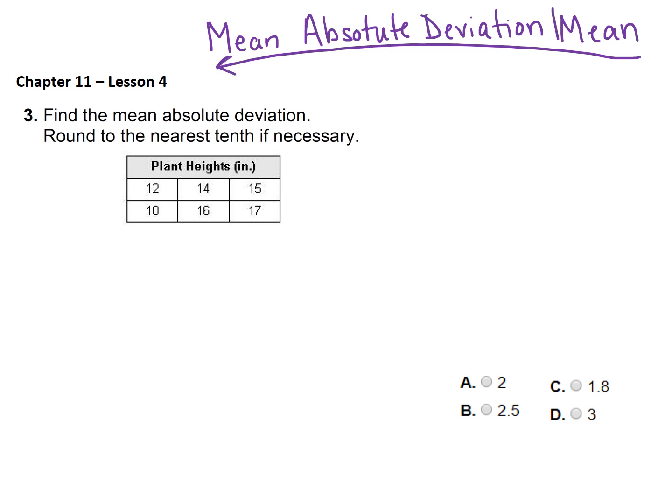So step 1, I find the mean of my data set. So I add all of these values up first. When you add all of those values up, you're going to get a sum of 84. There are 6 values, so I have to do 84 divided by 6 to find the mean.